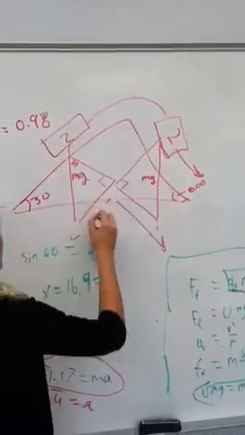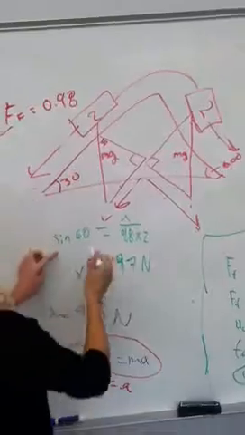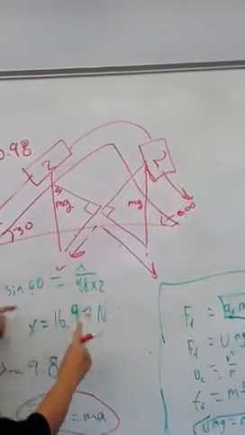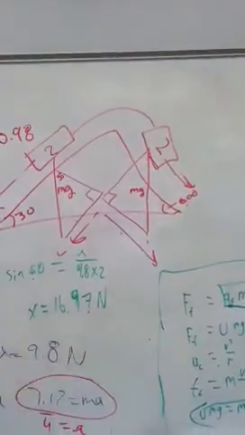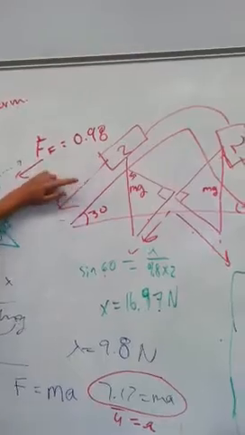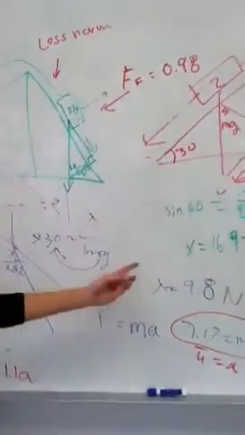For this one, sine 60 equals opposite over hypotenuse, which equals 16.97. And we do the same thing for this one: sine 30 equals opposite over hypotenuse, which equals 9.8.